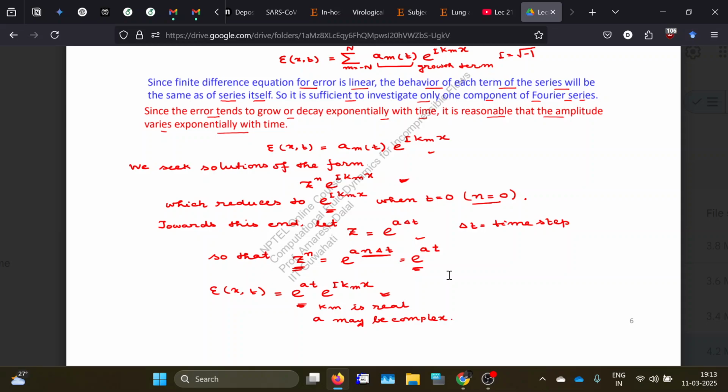Sine starts and ends at zero, but cosine doesn't have to do that. That's why e to the power ikx becomes important, because that considers both cosine and sine.